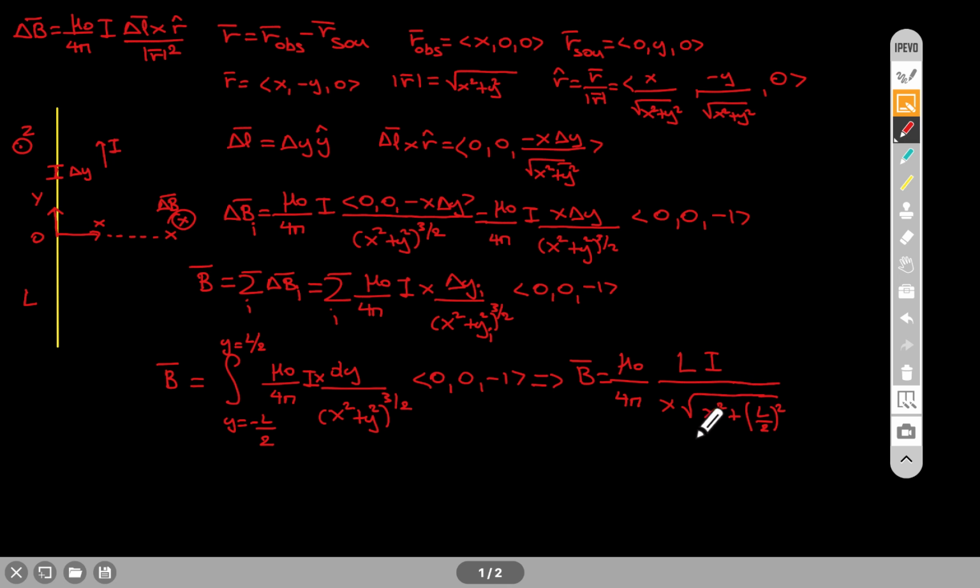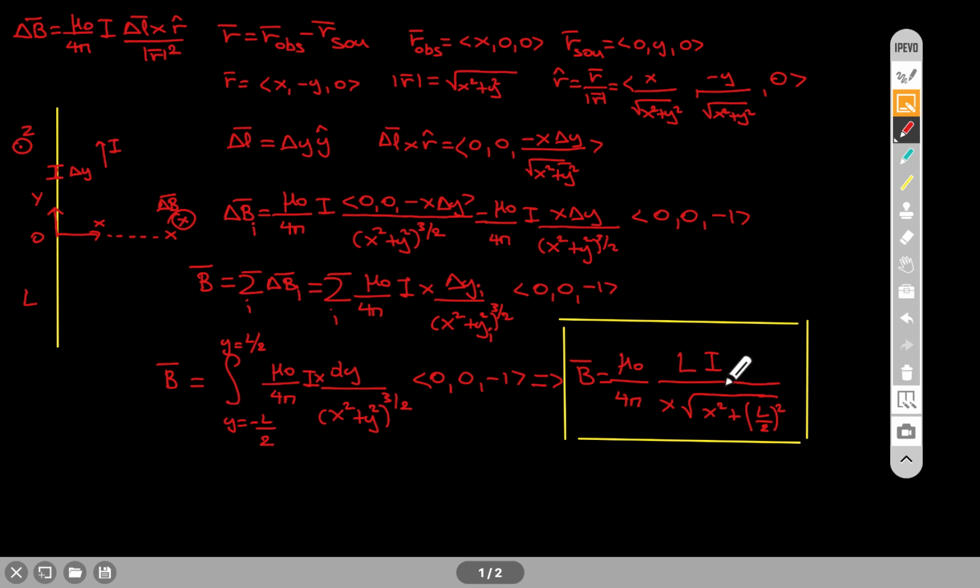So this gives me this expression here. It gives me the magnetic field from a current carrying wire that has a length of L, and it's carrying a current I. X is the distance from the midpoint of the wire to the observation location.